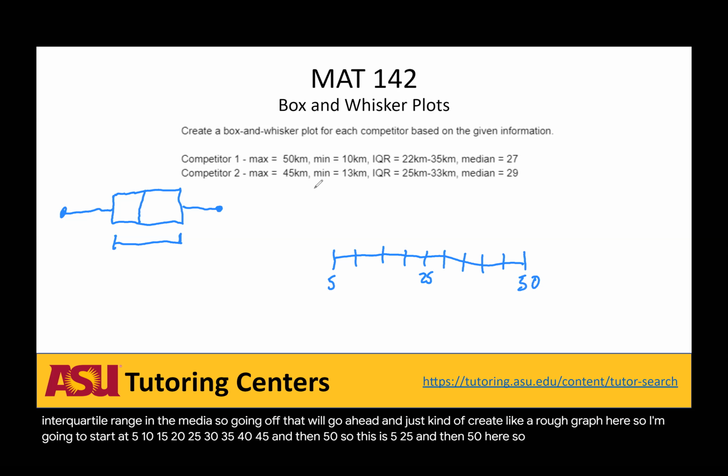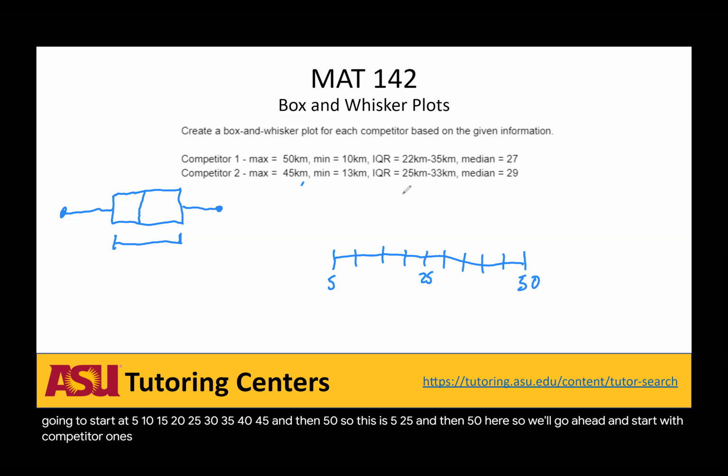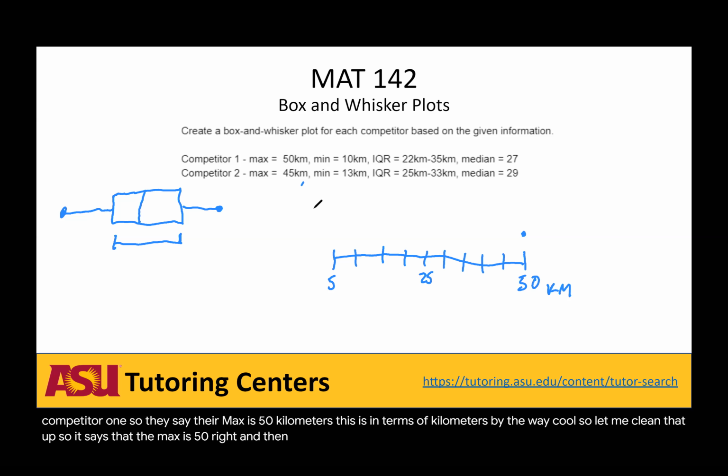So we'll start with competitor 1. They say their max is 50 kilometers. This is in terms of kilometers, by the way. Cool. So let me clean that up. It says that the max is 50, right? And then the minimum is 10. And then our interquartile range is 22 to 35.